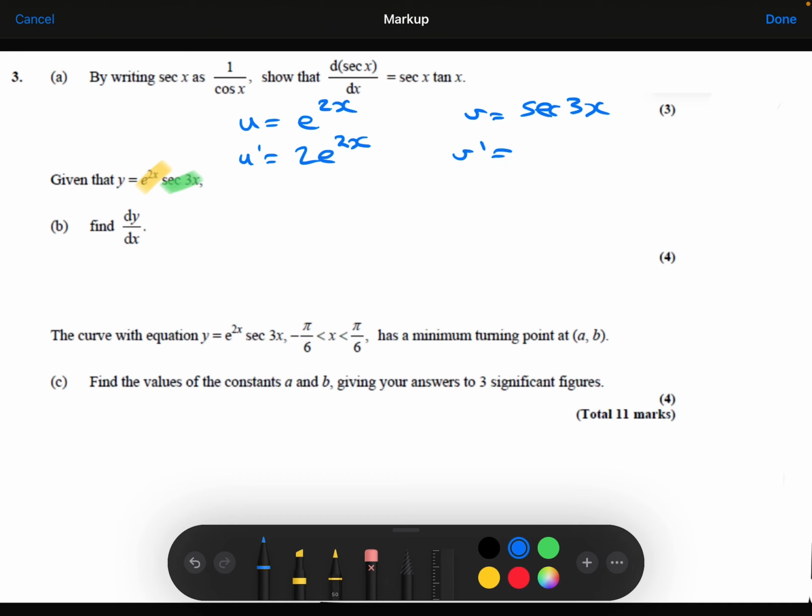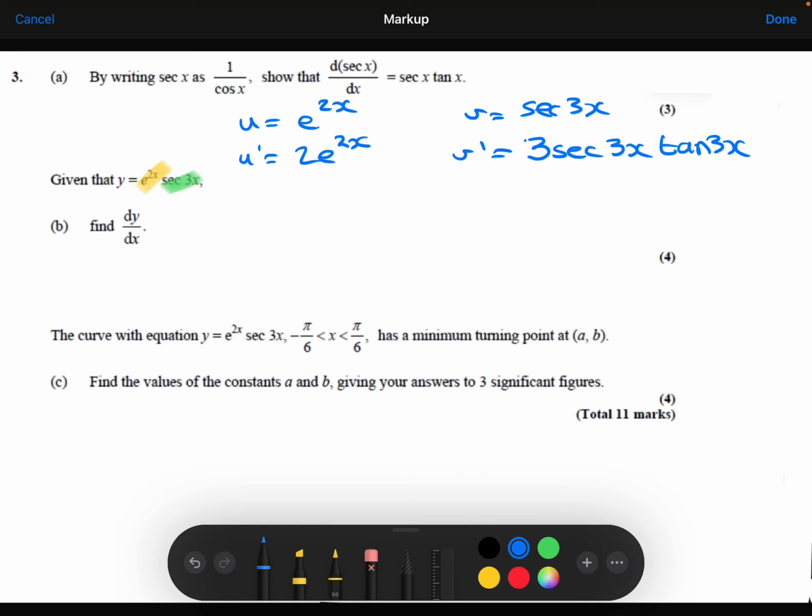Now, differentiating sec. We've just shown in part A of the question that differentiating sec gives sec times tan. So I would have sec 3x tan 3x, but by the chain rule, I need to multiply by the derivative of the inside, which is 3. So differentiating sec 3x gives 3 sec 3x tan 3x.